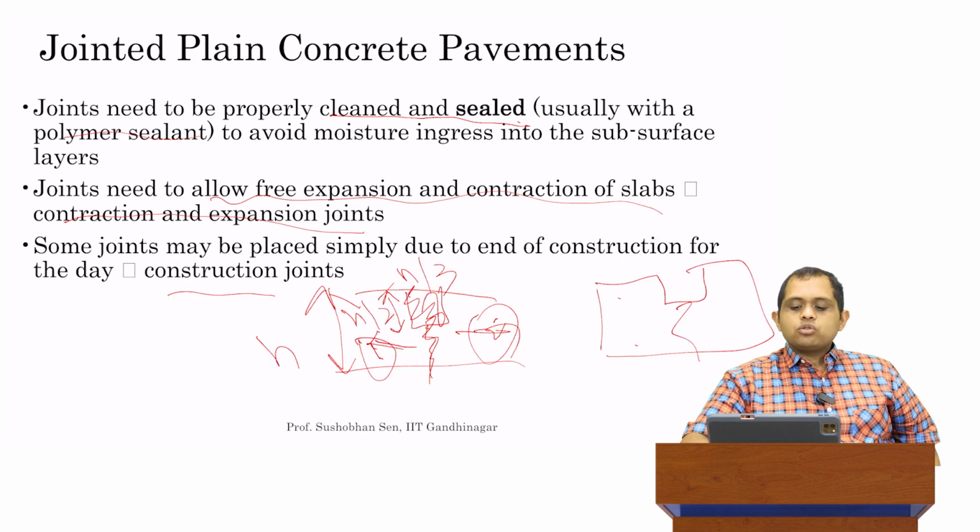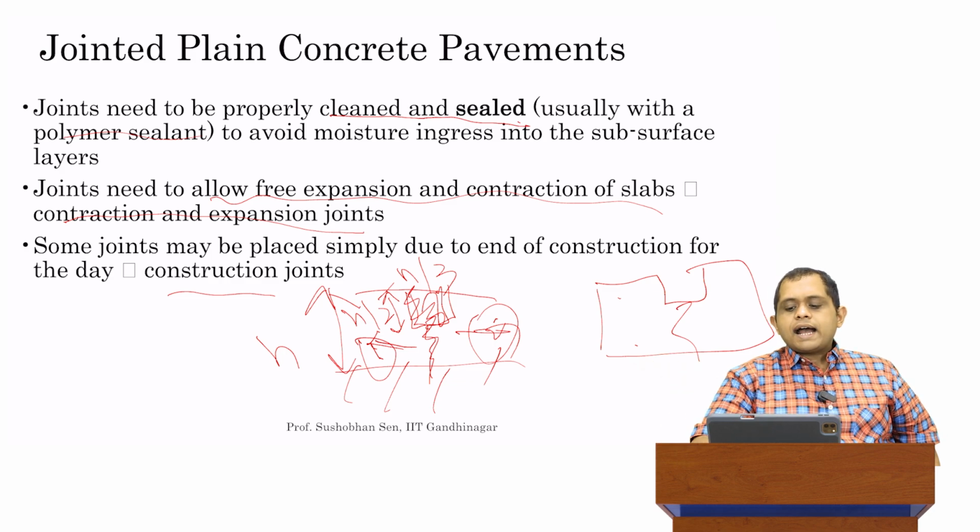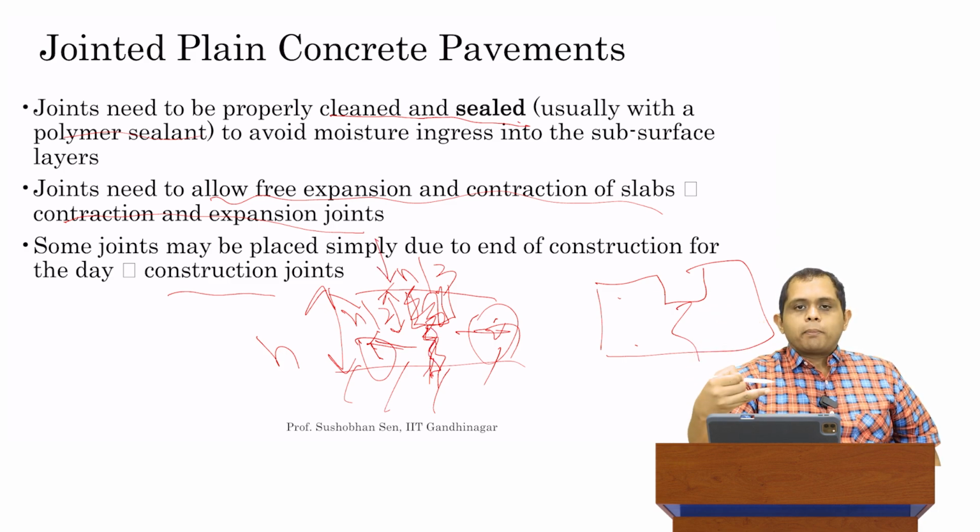I can explain these two by going back to this figure which I had drawn in the previous slide. Below this layer, I had the joint, and I told you the joint is sawed to h/2 to h/3. And then below that, we have a crack which forms. Now, imagine that this slab has been loaded and now the slab is trying to deform.